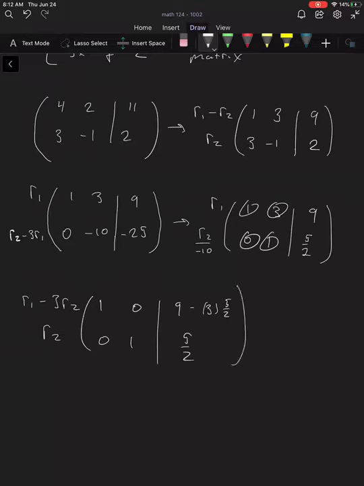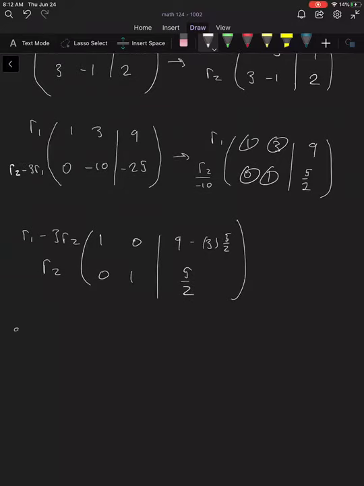So let's just simplify this piece up here, the 9. Okay, so that 9 minus 3 times 5 over 2.